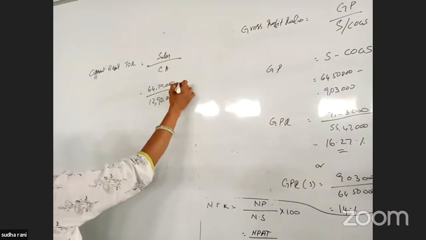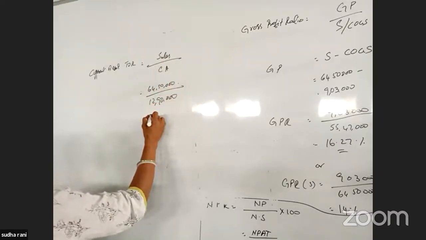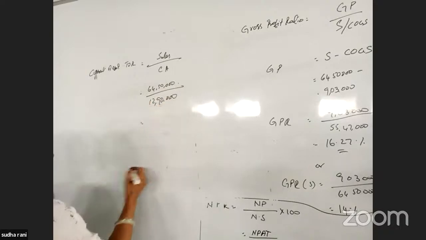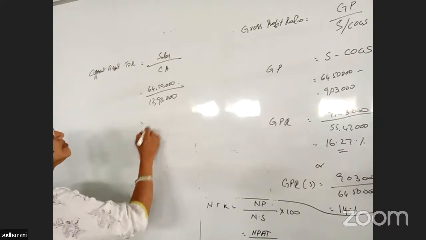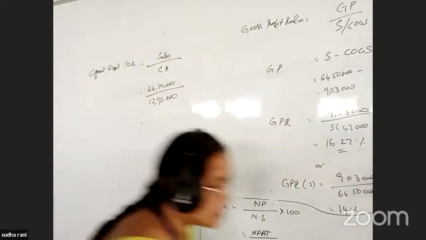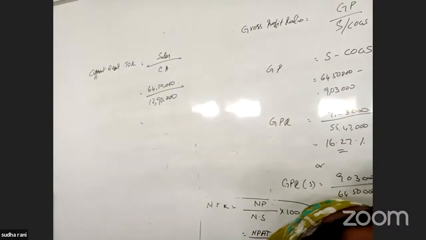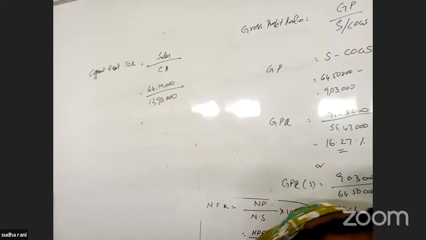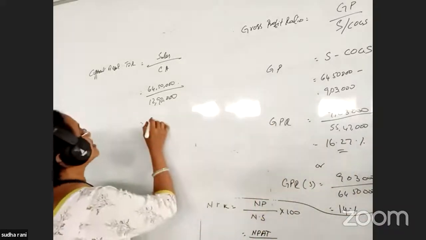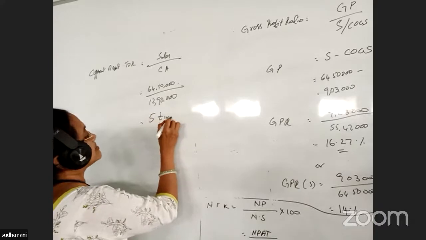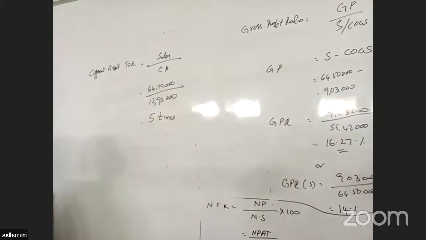So net sales 64,50,000 and current assets 12,90,000. Do this and let me know. Five, that means 5 times. We should say 5 times. So the current assets turnover ratio is 5 times.